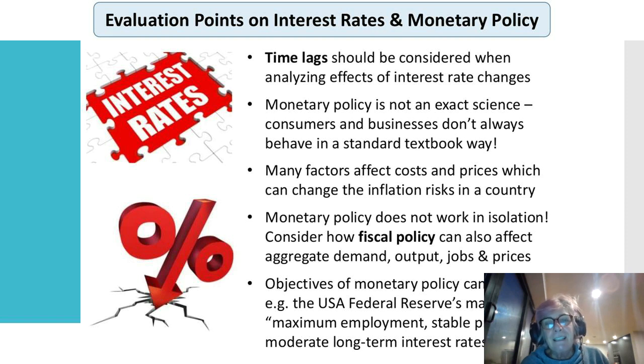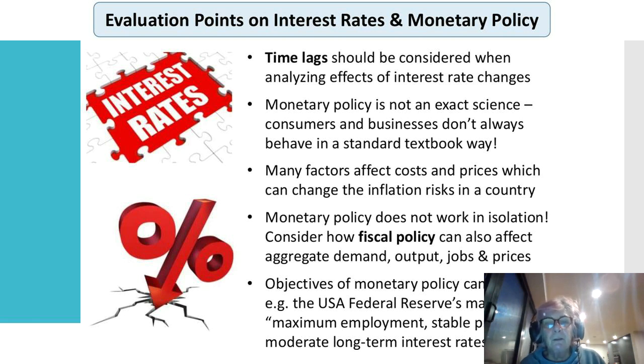And there are many other factors which affect cost and prices, which can change the inflation risk. It's not just about lending money, is it? It's not just about money. So there are other things at play here which can reduce the effectiveness of monetary policy sometimes. And of course, monetary policy doesn't work in isolation.